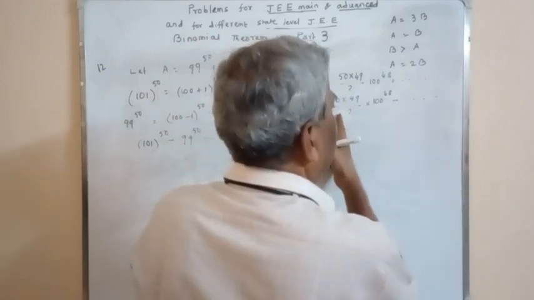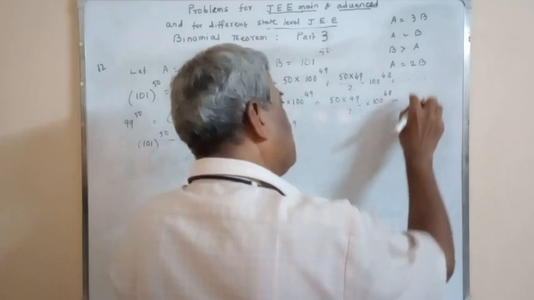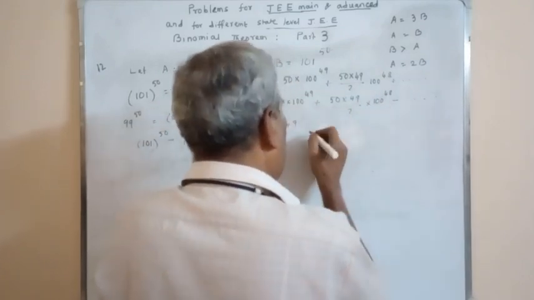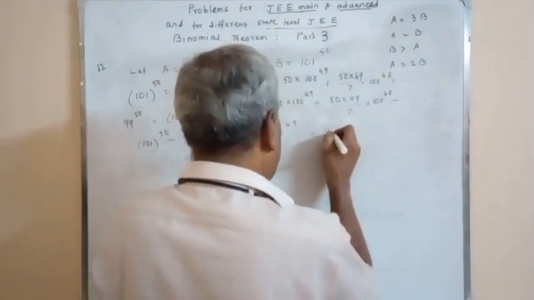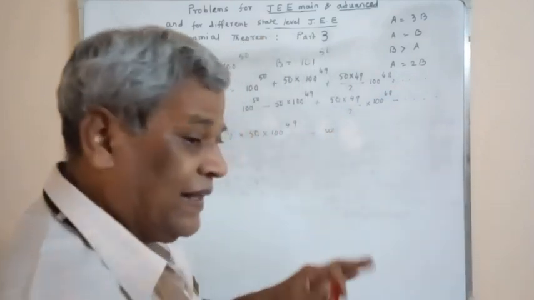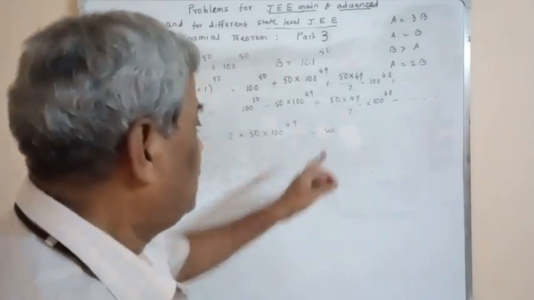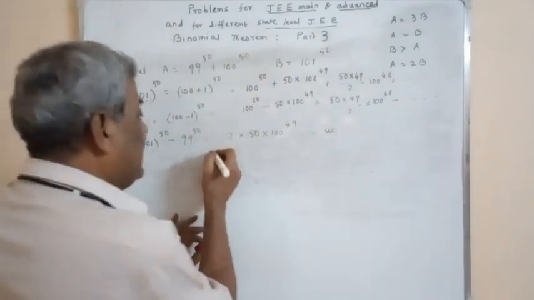This will be cancelled. Next term will be a positive quantity plus some positive quantity, because alternate terms will be cancelled, and after that all even position terms are positive.